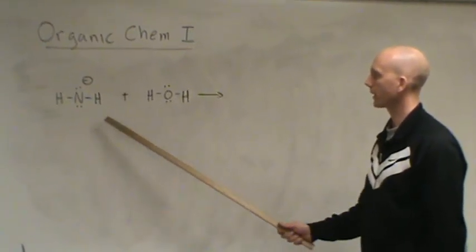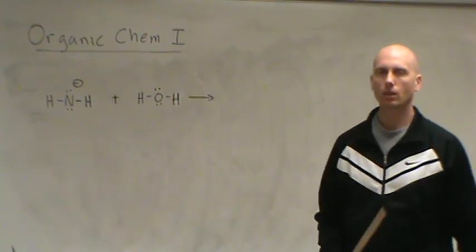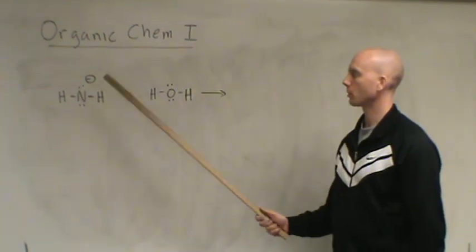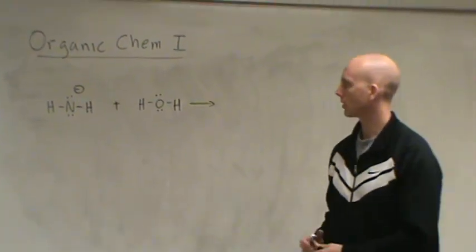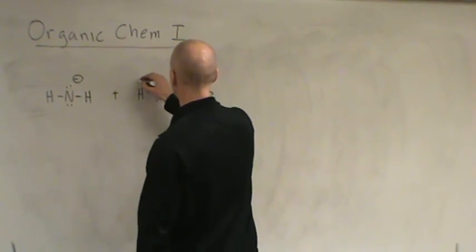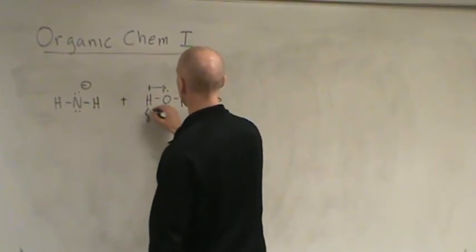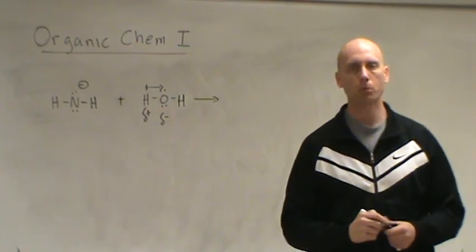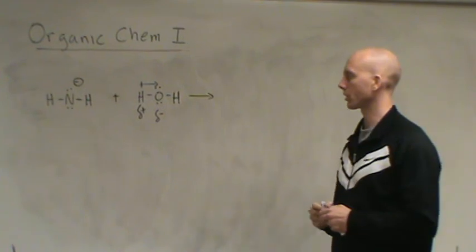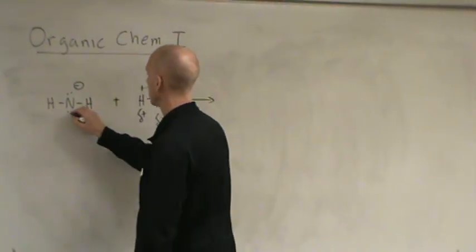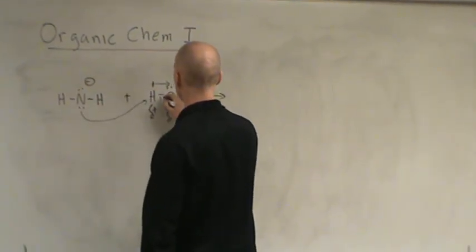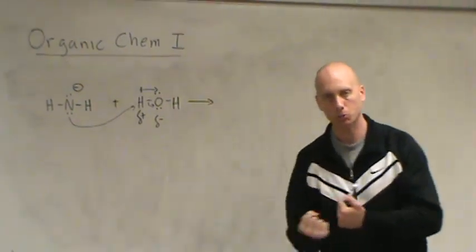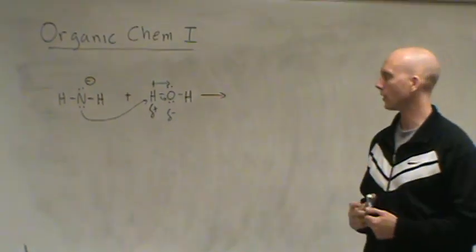Note I have lone pair here and lone pair here. Which one's going to act as the base? Well, here I'll choose the one with the negative charge. So we have a dipole moment. You see the utility of drawing those partial positive charges that we learned earlier? So the nitrogen can attack and the oxygen can leave. The oxygen was pulling, now it can fully let go.